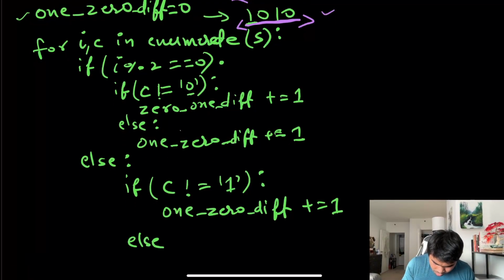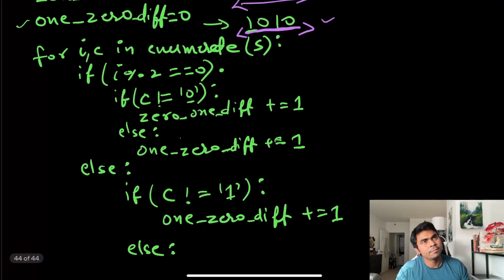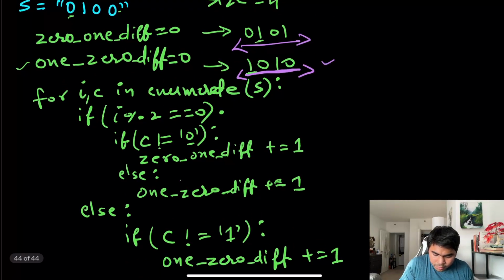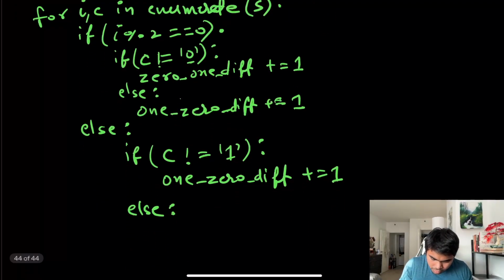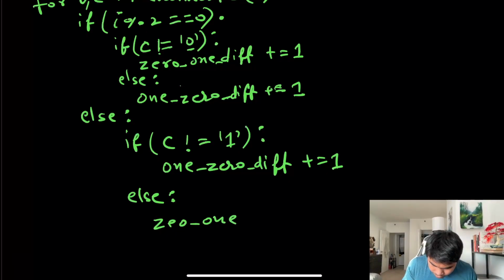If I'm checking for the even indexes here, this is where I'm checking the odd indexes. So that odd index should have been 1, but it is not 1. That is why I'm going to check if it is not equal to 1. That means I will have to increment the 1 0 difference by 1, and the 0 1 will be incremented by 1 in the else case.